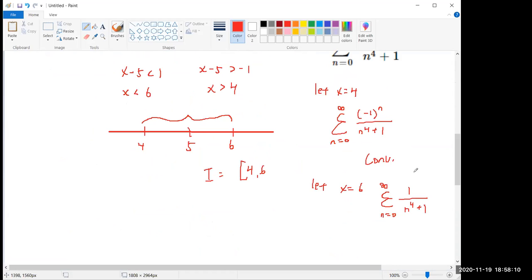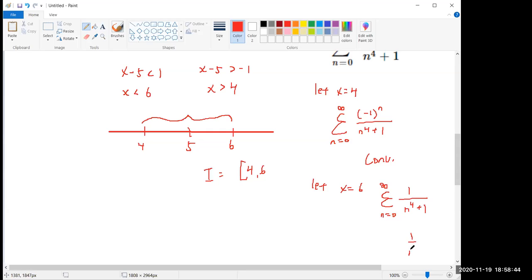Yeah, but this one isn't an alternating series anymore, so you can't really use that test. The divergence test says if the limit doesn't go to 0, then it diverges. But here the limit does go to 0, so the divergence test fails on this one. So this one is actually a comparison test.